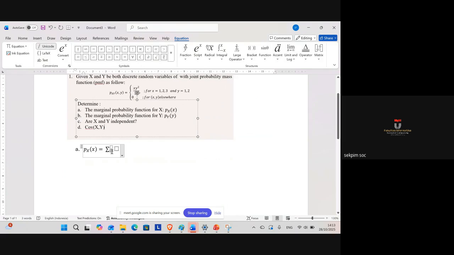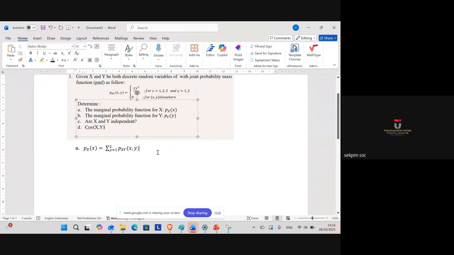Since we have a non-zero function value only for y equal to 1 and 2, we can write this as the sum for y equal to 1 to 2 of p of x comma y, where pxy is the name of the function. This is the definition of the marginal function of x.